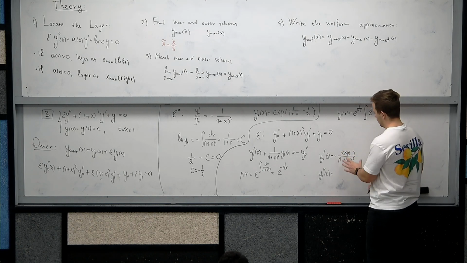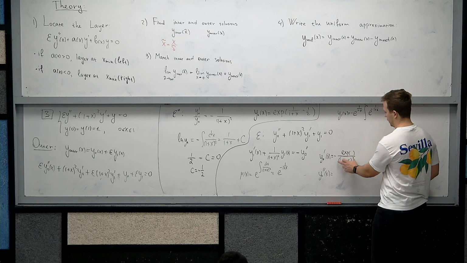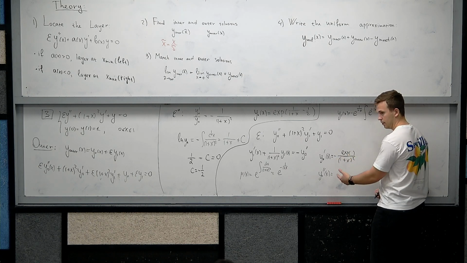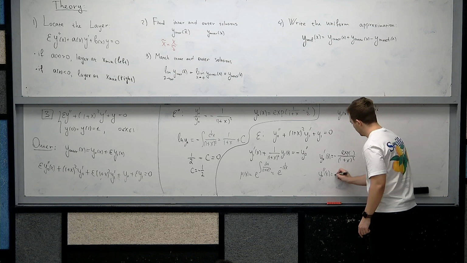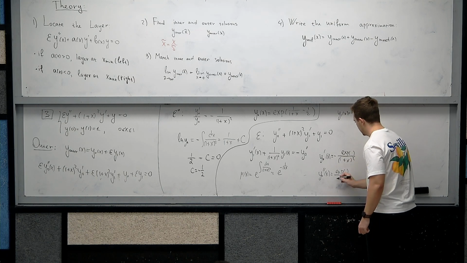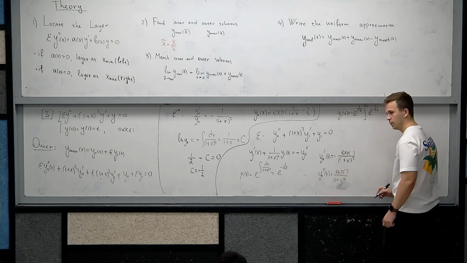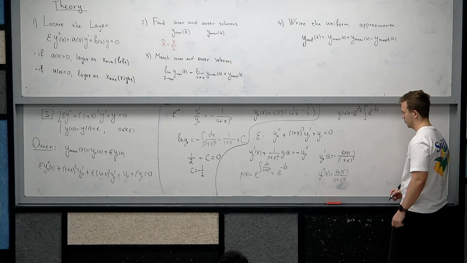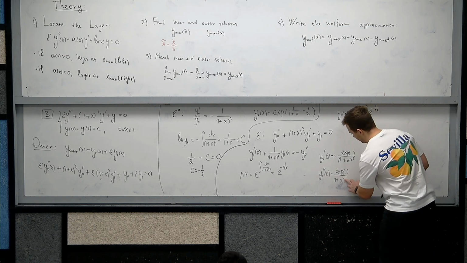Okay, so the derivative of this gives us the same thing, and we will add one more minus, so therefore we have exponent divided by 1 plus x to the fourth, or to the third, yeah, third.